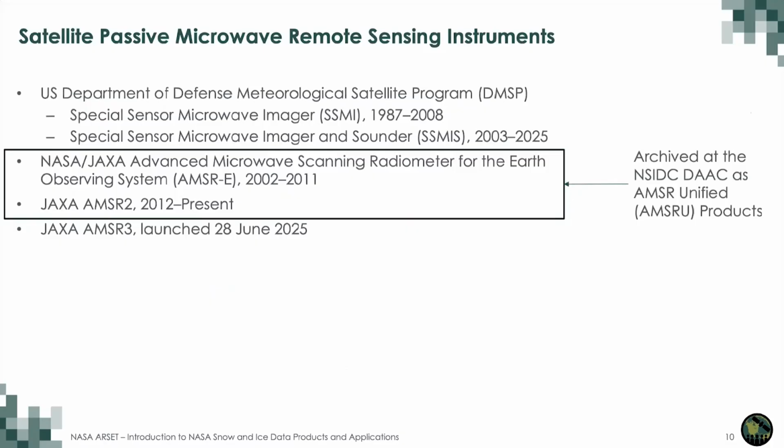And then a successor to that with some overlap was the Special Sensor Microwave Imager and Sounder, or SSMIS. These are pretty much the same sensors as far as snow remote sensing is concerned, essentially the same resolution, the same frequencies. The sounder adds some atmospheric sounding channels and frequencies that are not used for the snow cover.